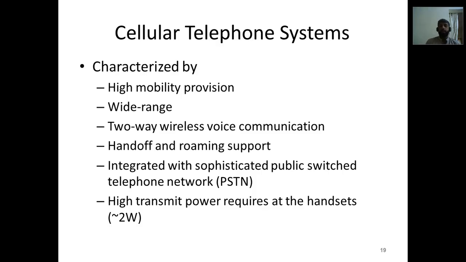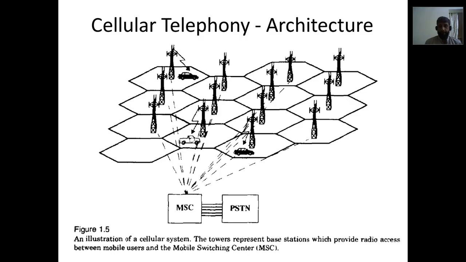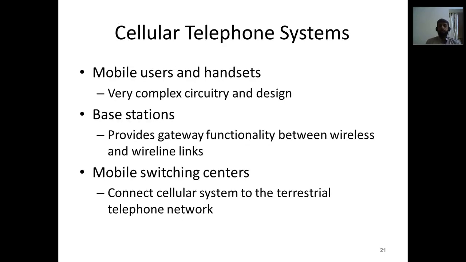Generally, these cellular systems require larger transmit powers, of the order of 2 watts from the handsets. From the mobile user perspective, we need to use very complex circuitry and design for the cellular circuitry, because we need to incorporate a variety of different protocols in those mobile devices, where the circuitry should support handoff flexibility, and connectivity at different frequencies, and so on.